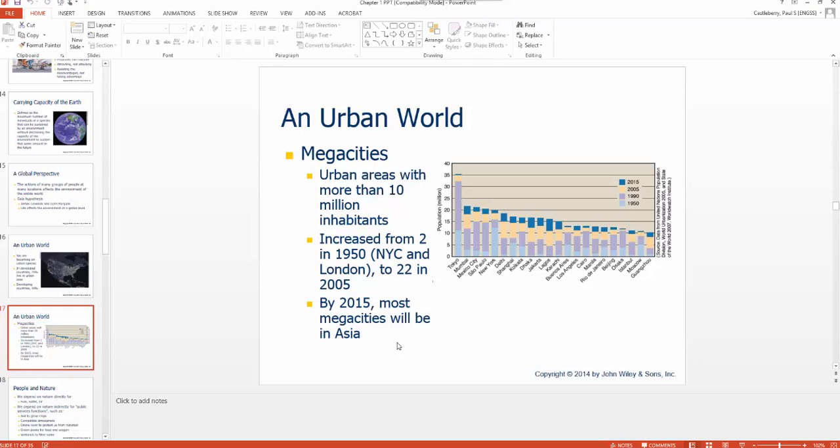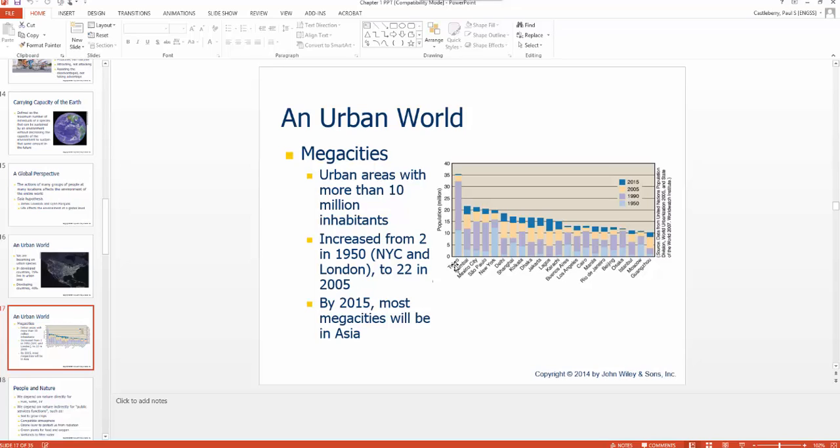So this population movement will increase the role of the urban environment, both as a habitat and for its effects on other areas. So let's take a look at this particular graph of megacities. You see our y-axis here is population in millions. It goes from 0 to 40 million. And then along the x-axis is a list of some of these megacities.